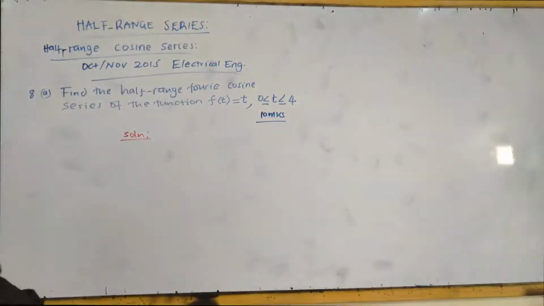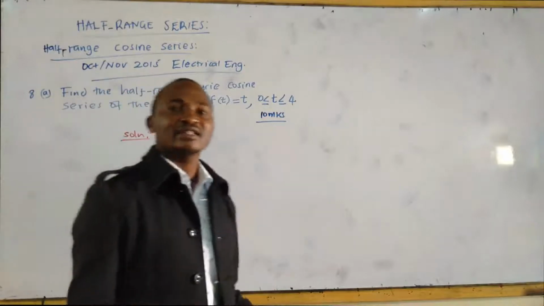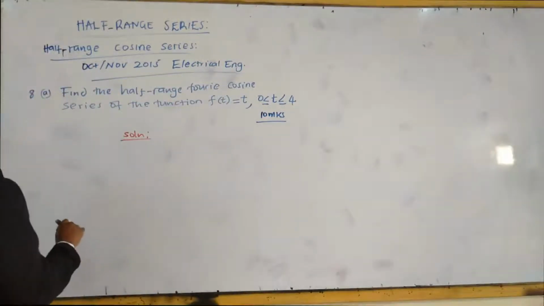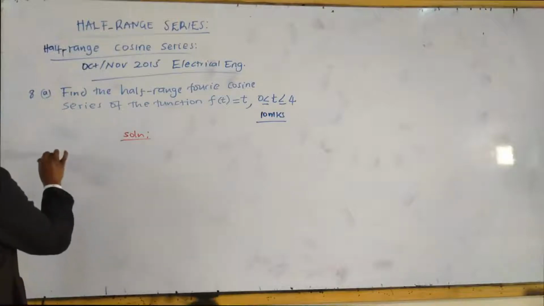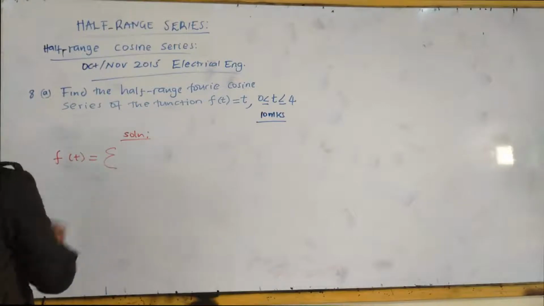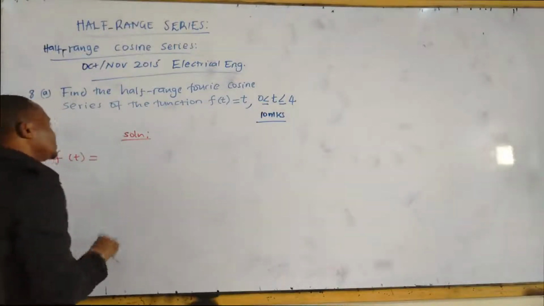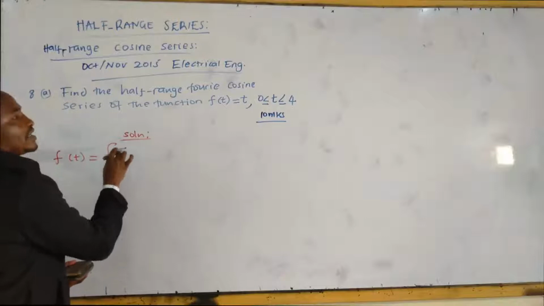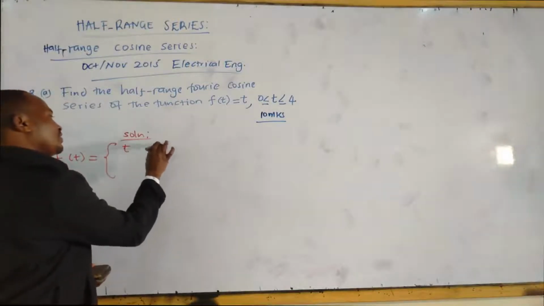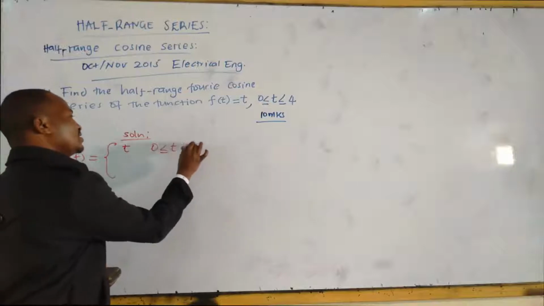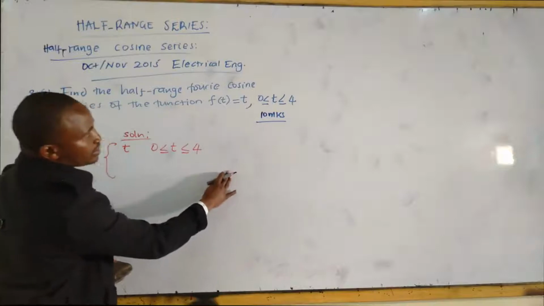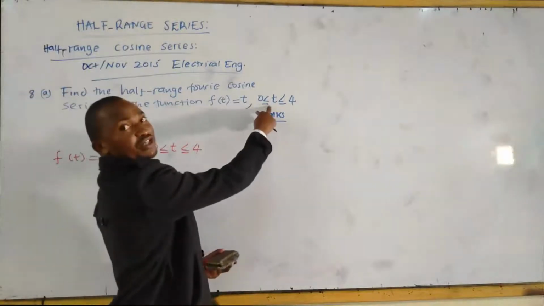For this question, you have not been told to sketch, but let us just sketch. Okay, I usually like summarizing first. Let me summarize. I'm given a function that is equal to t for t between 0 and 4, and that is half of the range.